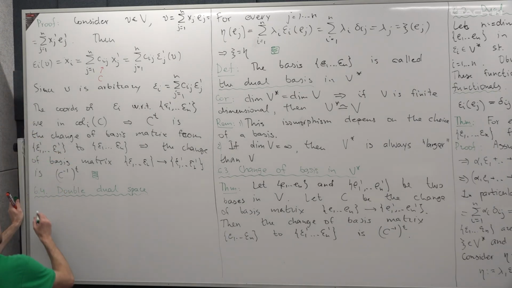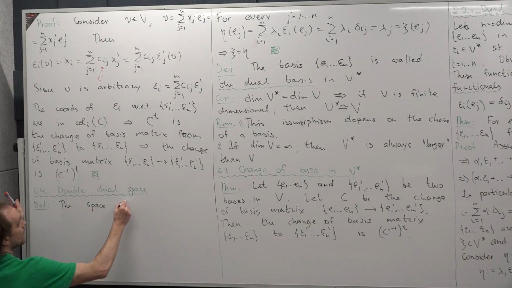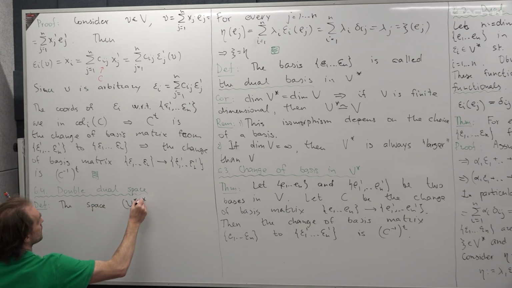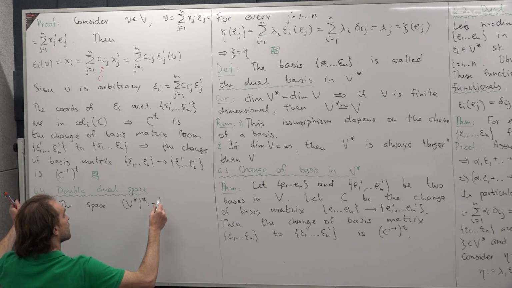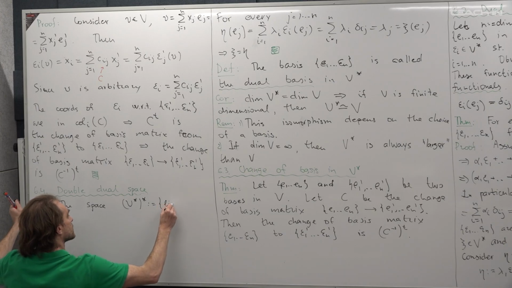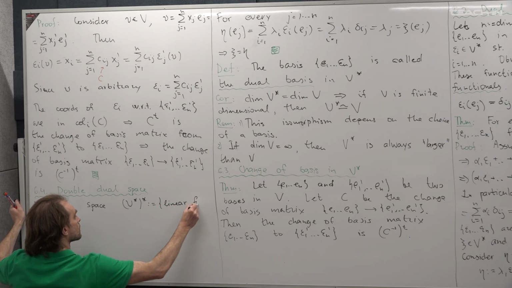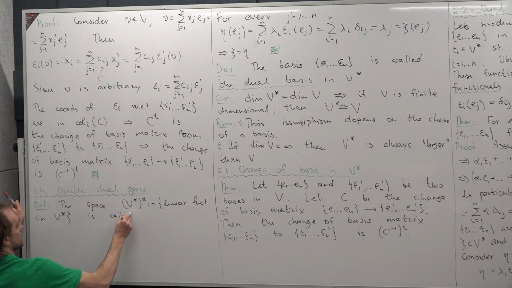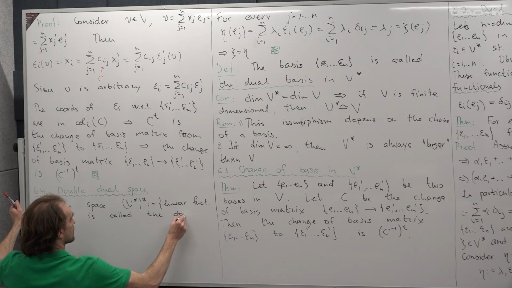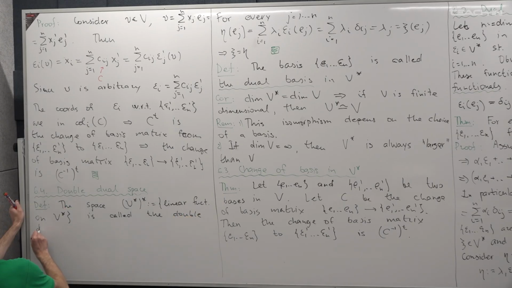So let us start with the definition. The space V star star, which is the space of linear functionals on V star, is called the double dual space.